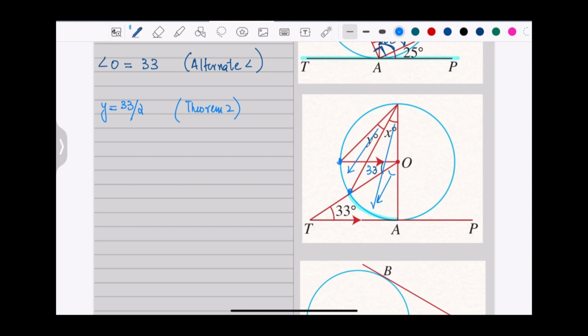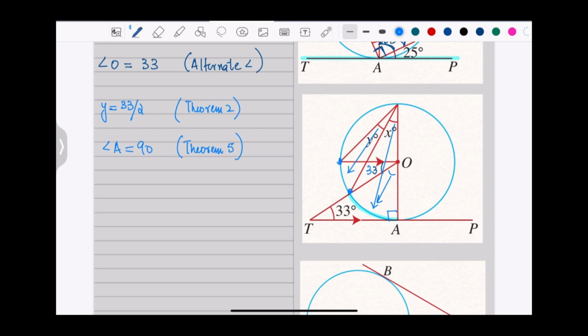So the same relationship as we found for Y we can use here as well, but given that we need to find that angle AOT, I can say that angle A is 90 degrees, theorem 5, because it's a tangent and the radius at the same time, so it's going to be 90 degrees.